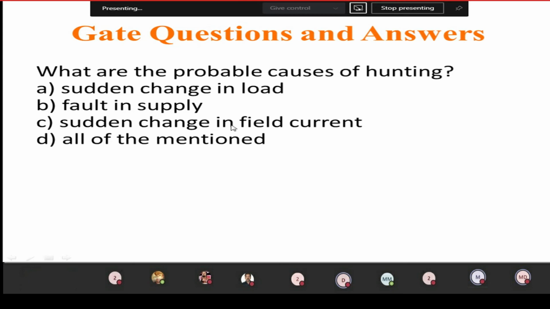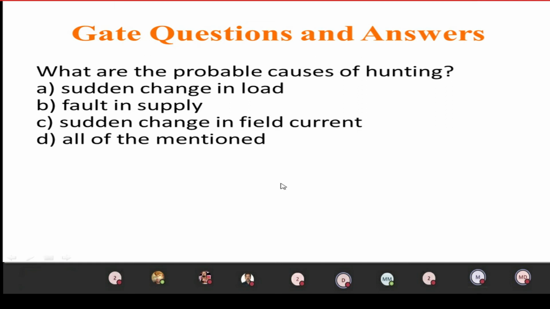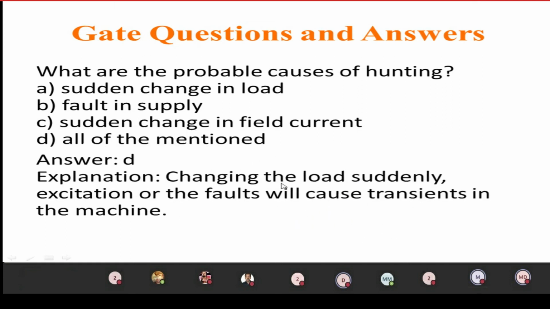Changing the load suddenly, fault in supply, sudden change in the field current. Let me see the answer. So changing the load suddenly, excitation or the fault transient in the machine.